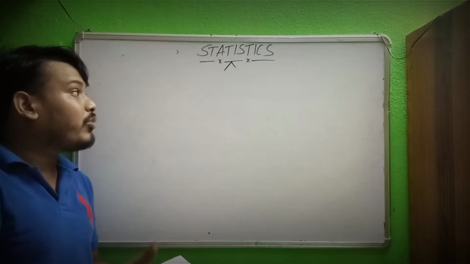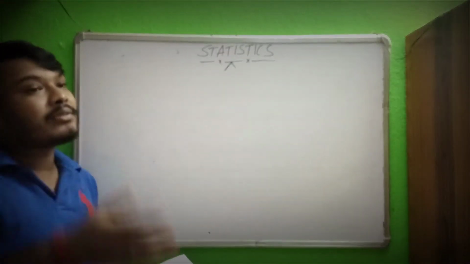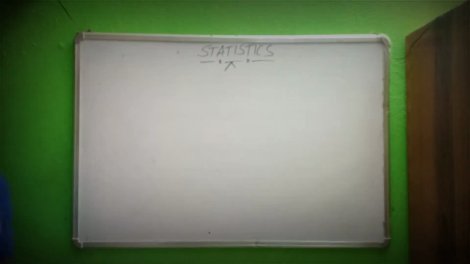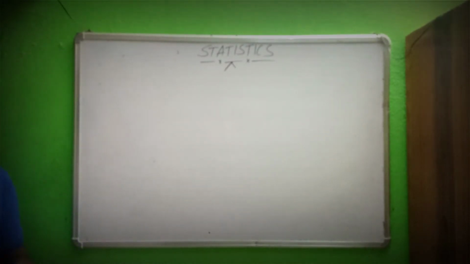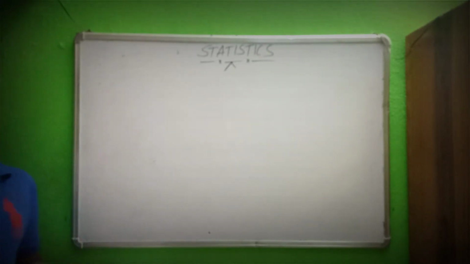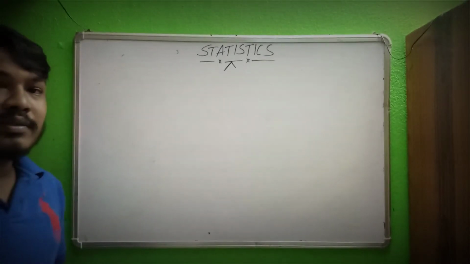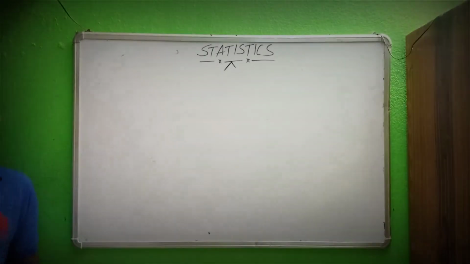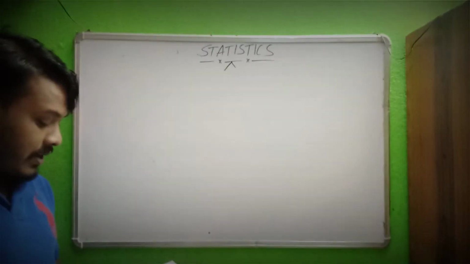I think there is no need to explain what data is. In the previous Google Meet class, I explained what data is, what arranged data is, what raw data is. I think these terms are familiar to you because in the previous class also we learned all of these terms.